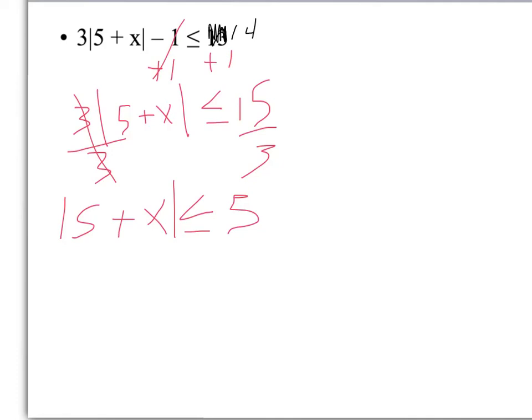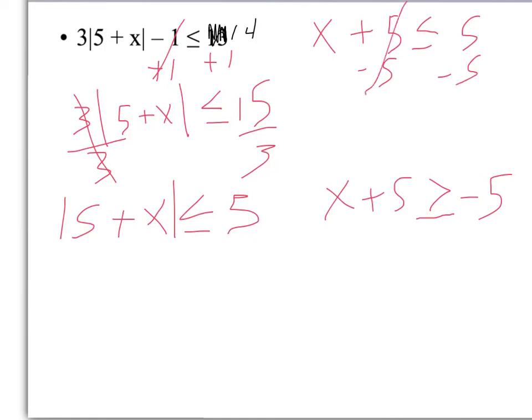So now I split that into my two inequalities. 5 plus x, but same thing, is less than or equal to positive 5. And I also would have x plus 5 is greater than or equal to negative 5. So to solve those, just subtract the 5.